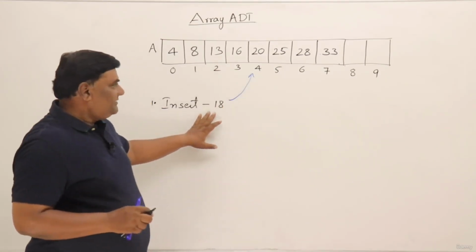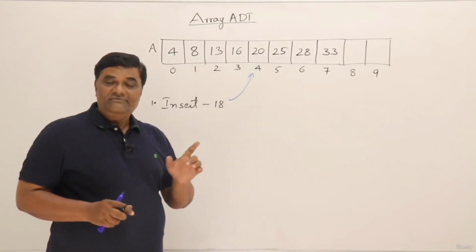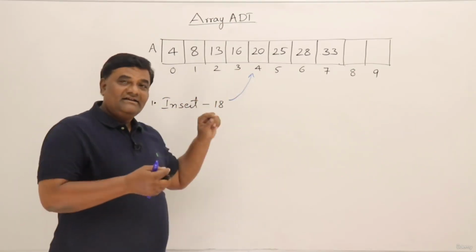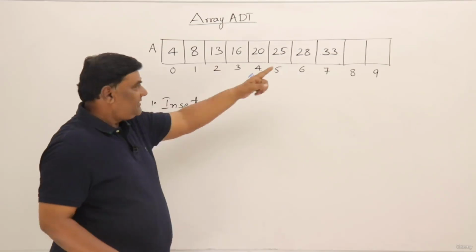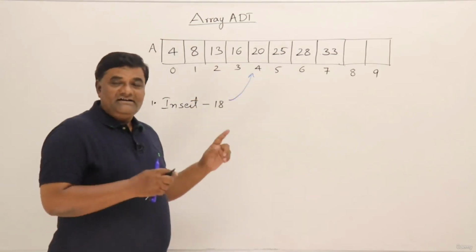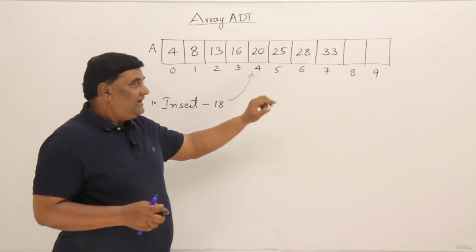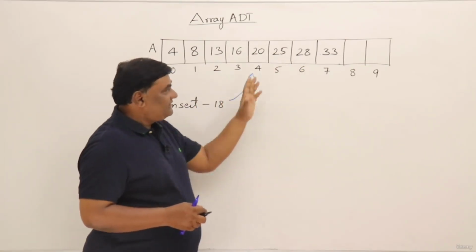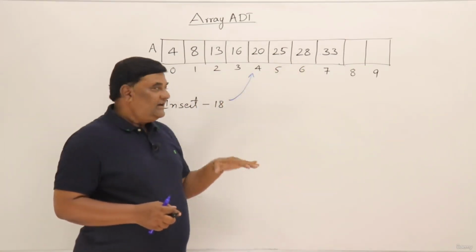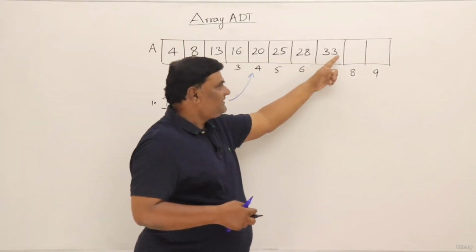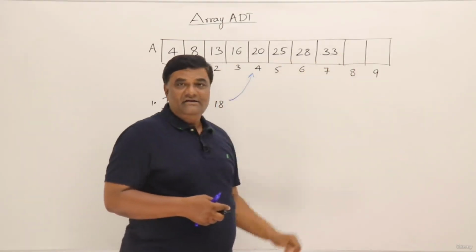For inserting a new element 18 in this list, I don't have to find out its position by checking these numbers. I can simply start checking from the last number onwards. If those numbers are greater than this one, I can shift them. Suppose this is not 18, this is 38, so this is greater than 33, so I can simply store 38 here.